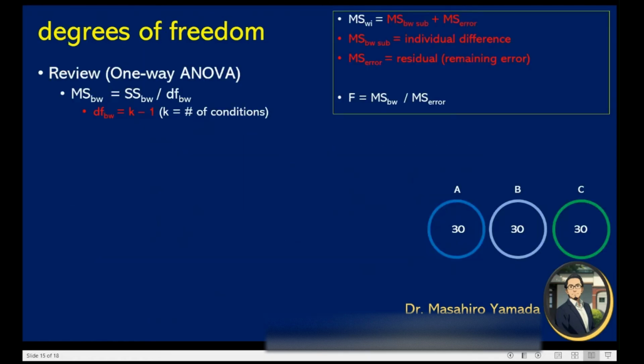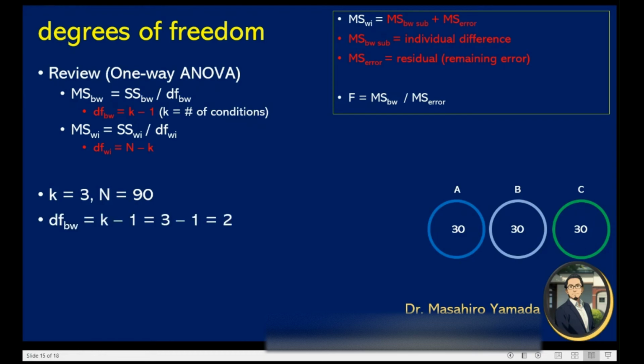So how do we calculate the degrees of freedom? The degrees of freedom for MS between treatment is K minus 1. Degrees of freedom for within treatment is capital N minus K. So if you have three conditions and you recruited 90 participants in the one-way ANOVA case, then the degrees of freedom between treatment would be 3 minus 1, therefore 2, and degrees of freedom for within treatment is 90 minus 3.